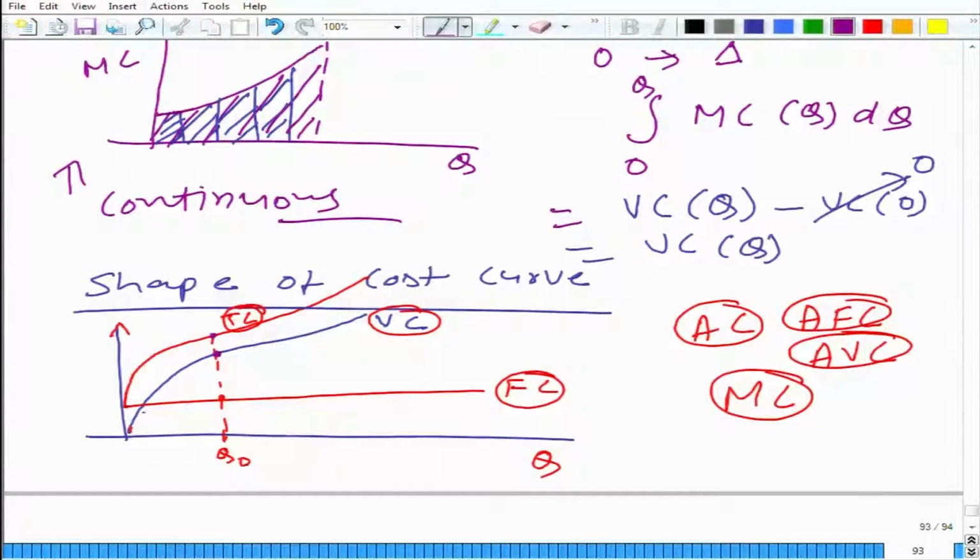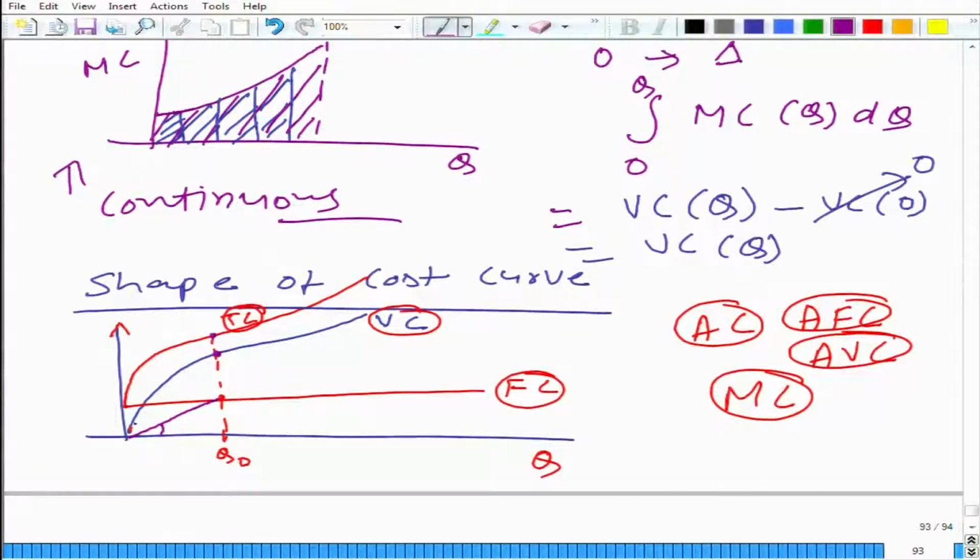We just have to draw a line from the origin to the corresponding point on the fixed cost, and the slope will give us the average fixed cost at Q naught.